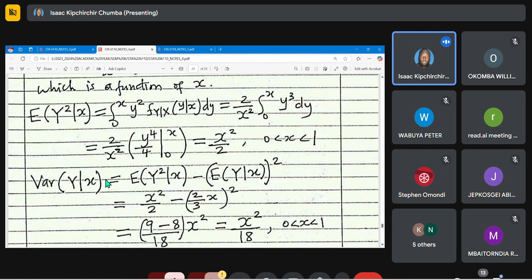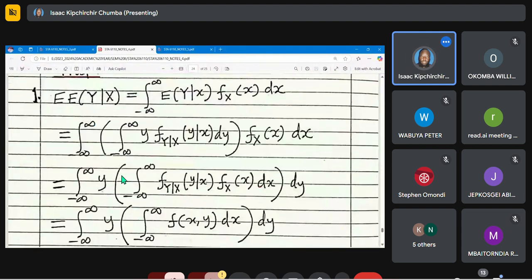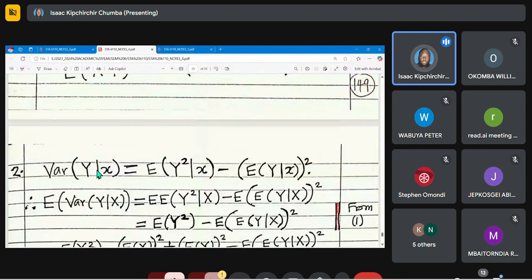It's just like the ordinary variance, you just need to condition on the given variable. So var of y given x is expected of y squared given x minus the square of expected of y given x.